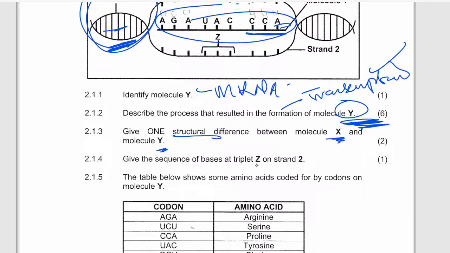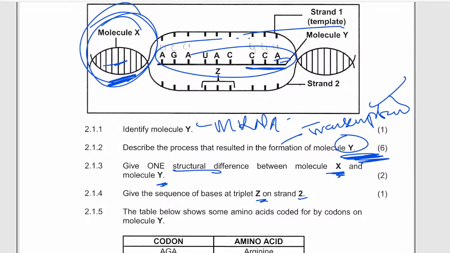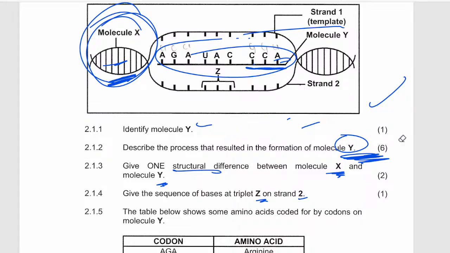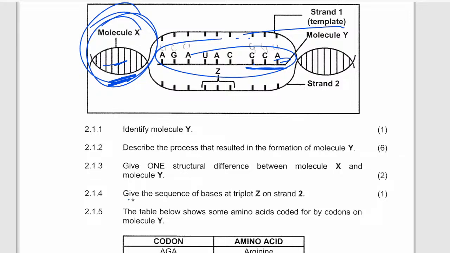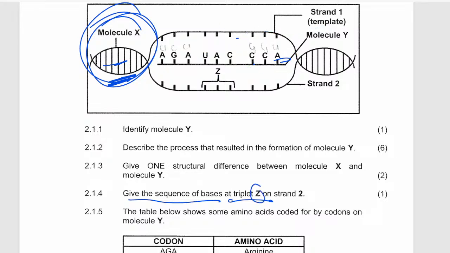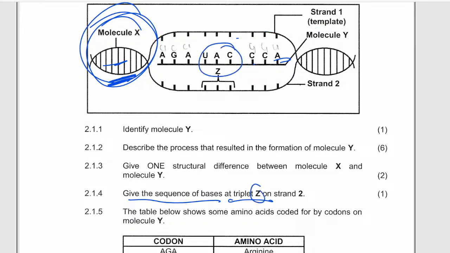Give the sequence of bases on strand 2. Let me clean up. They're saying give the sequence of bases at triplet Z. So triplet Z is here on strand 2. Strand 1 is here.